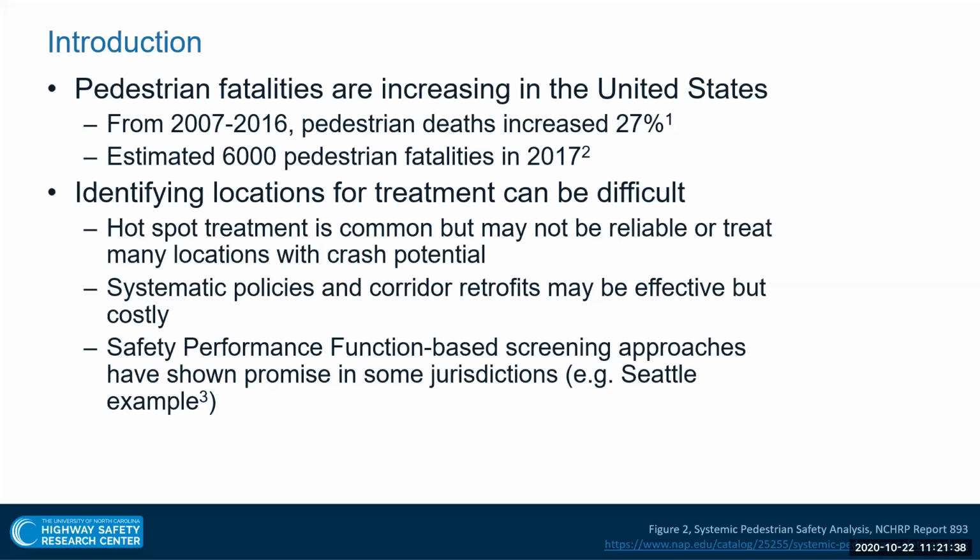Identifying the right locations for treatment can be really difficult, and prioritizing costly treatments to address locations that may seem to be high crash results in our ability to treat only relatively few locations. We know that we're really missing many locations that may be expected to have crashes in the future.